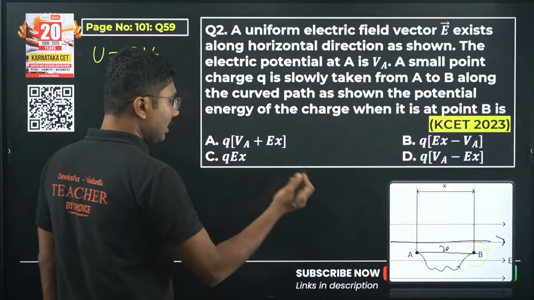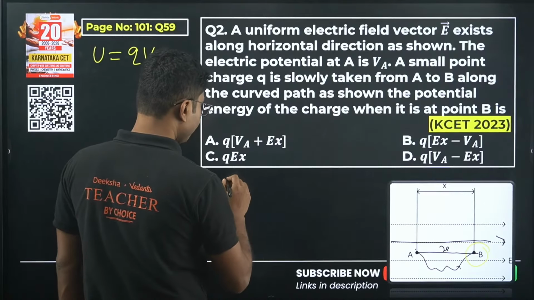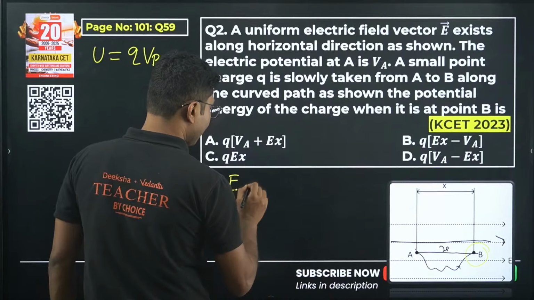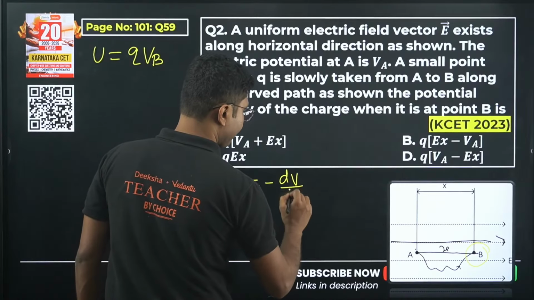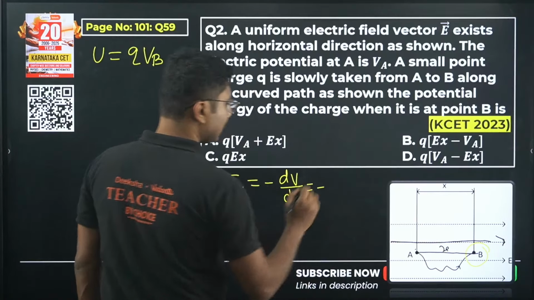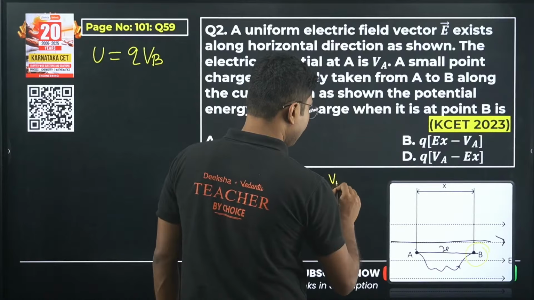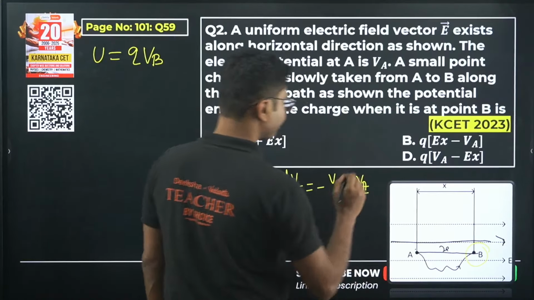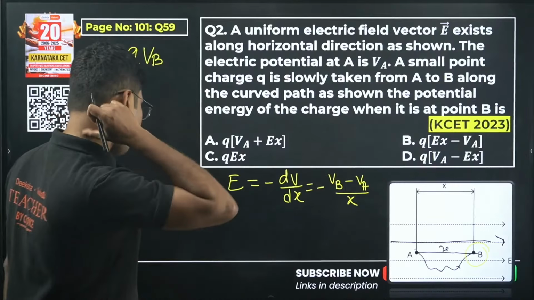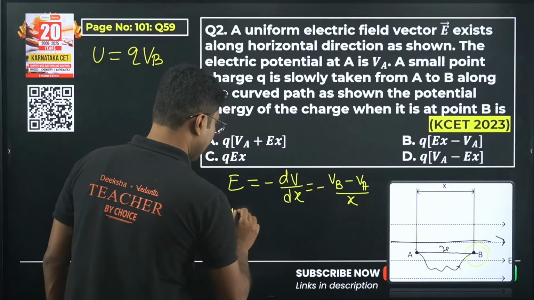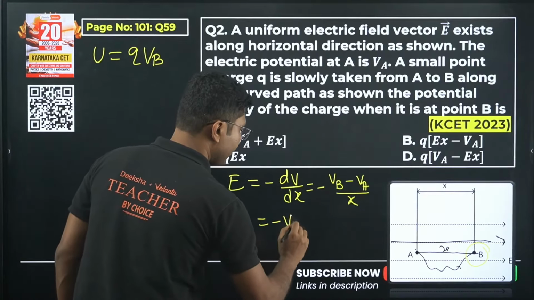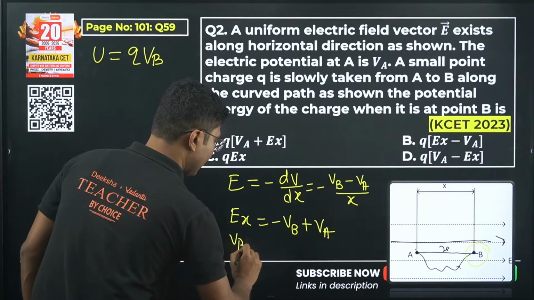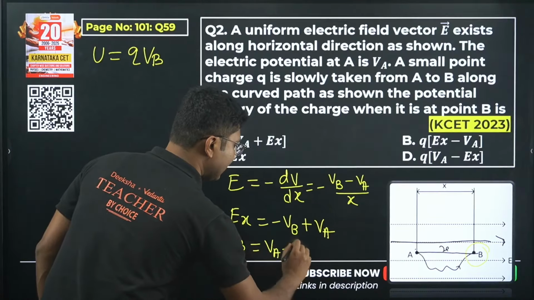So you can use the formula: electric field E is given by minus dV by dx, or minus the potential at the final point minus the potential at the initial point, divided by x. So from there you can say that E into x must be equal to minus VB plus VA, or VB equals VA minus Ex.